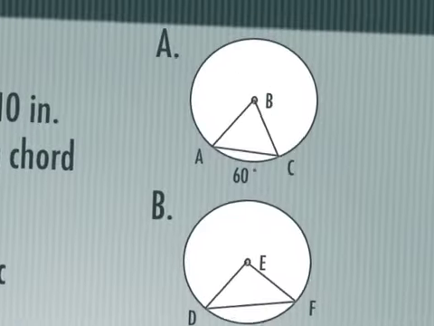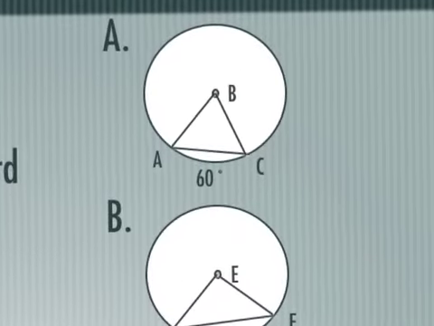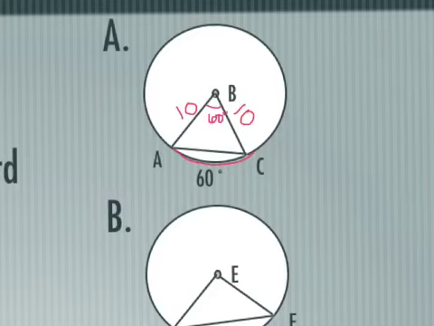If I look at this first one, the radius was 10, so I know each one of these sides is 10. And if this arc is 60 degrees, that means this angle is 60 degrees. I'm trying to find the length of the chord, which I'll label side A. I'm going to ignore these other letters and set this up with the law of cosines.